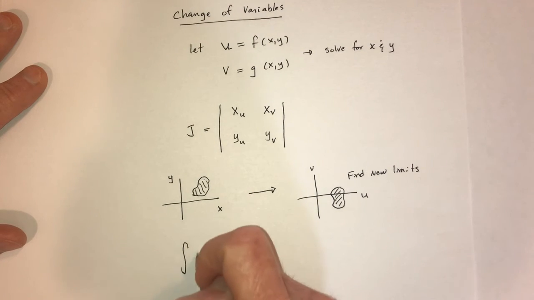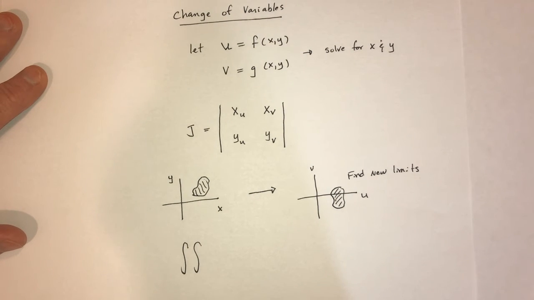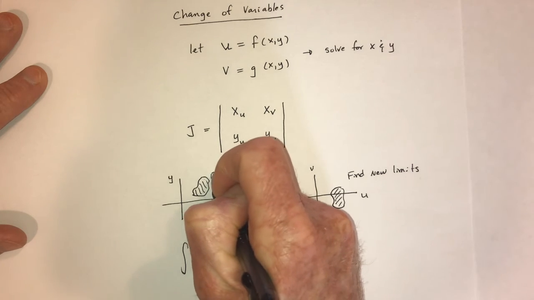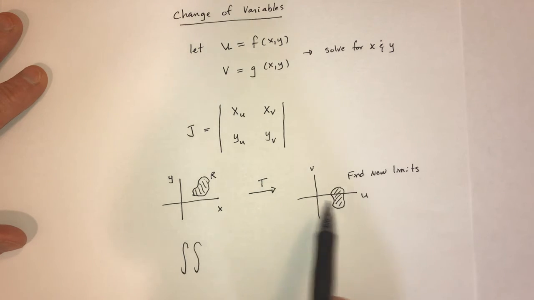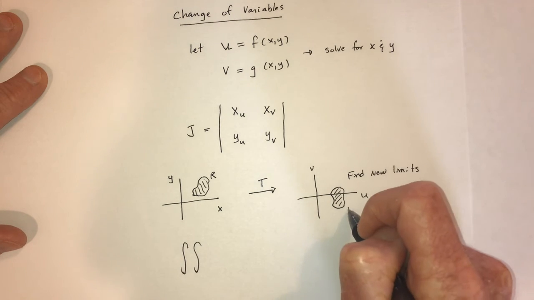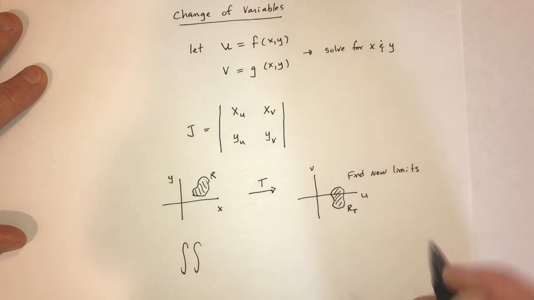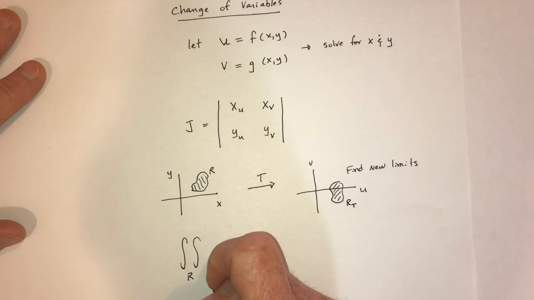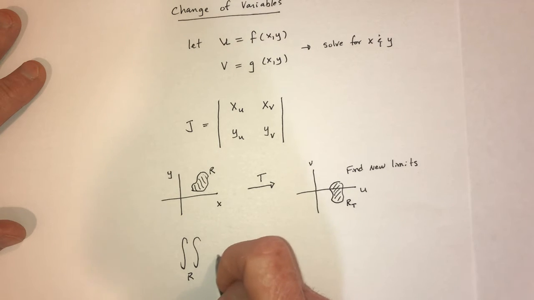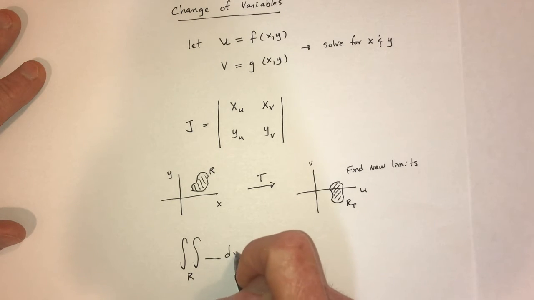And then the original integral, let's say this is region R, and this is called the transformation as you're transforming from this region to that region. So this is called R after the transformation. So integrating the original problem, it had something dx dy.